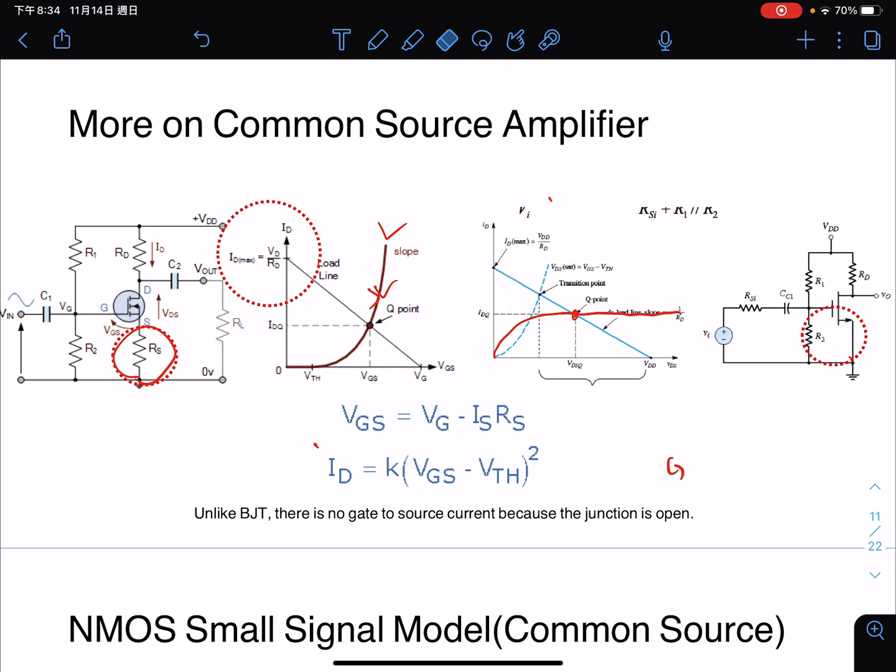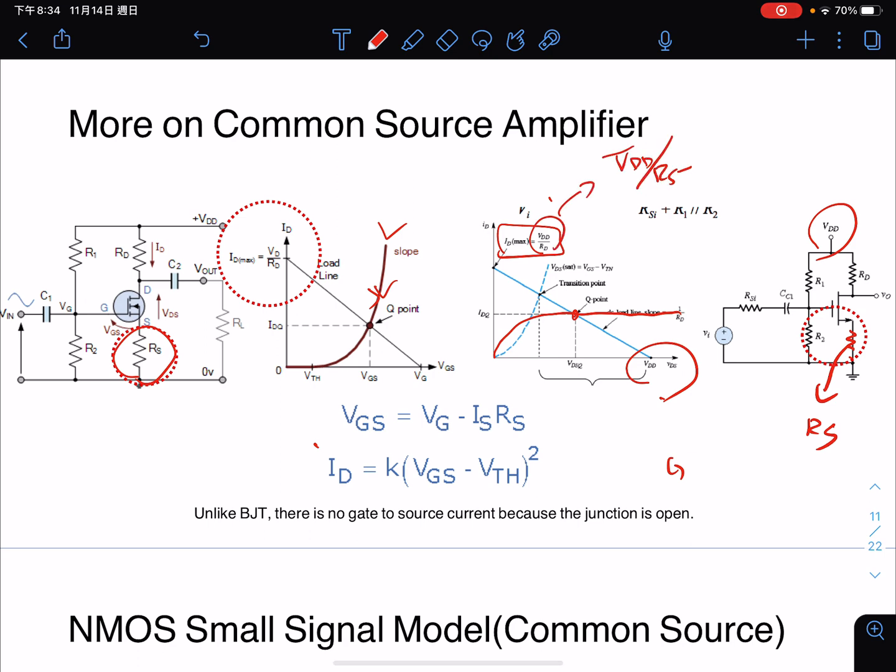And therefore we can use the load line here. This is the load line, so this is the VDD here, and the maximum of the ID will be VDD divided by RD. But if we have the RD here, and RS here, then this part, just as I said before, should be VDD divided by RS plus RD. Okay, this is what we need to be careful about. This is not the one that is explained by the left-hand side figure.